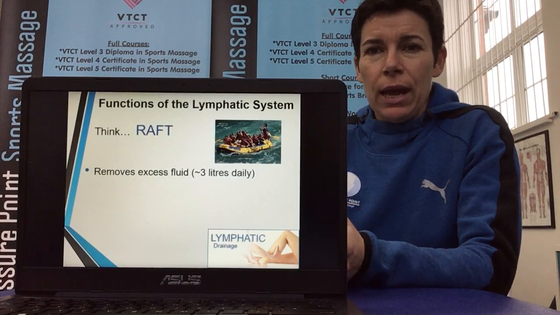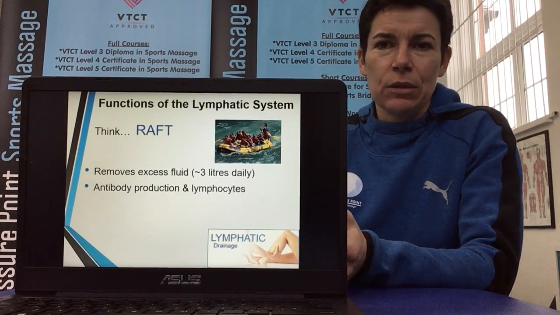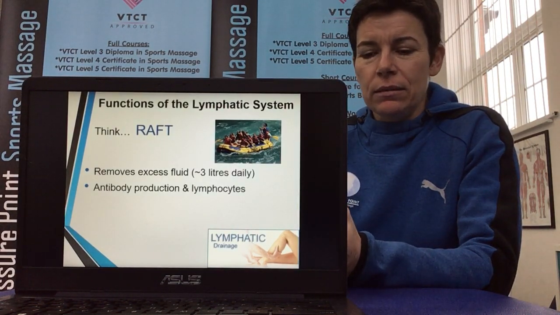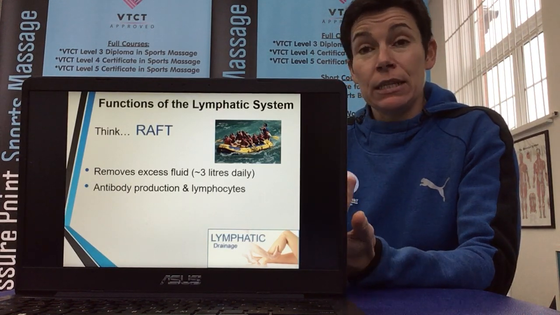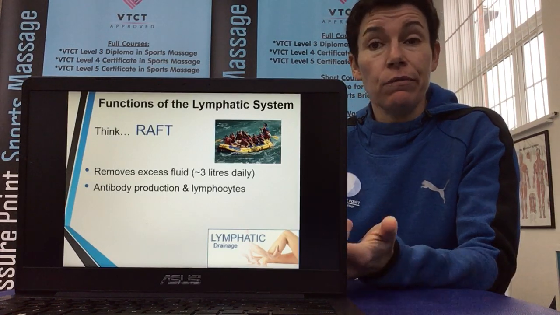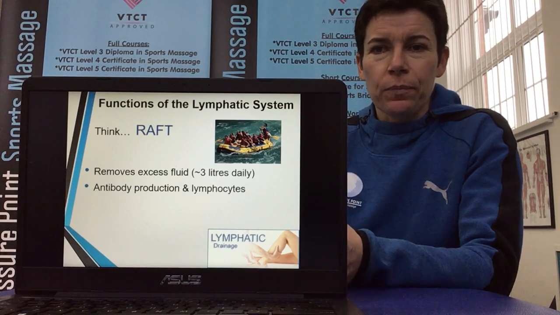A for antibody production. So thinking of the lymphatic system as being the immune system, antibodies are there to help build up the body's resistance to diseases and certain disorders and viruses and things. So antibody production and also lymphocyte production.